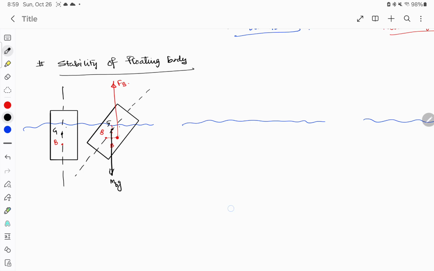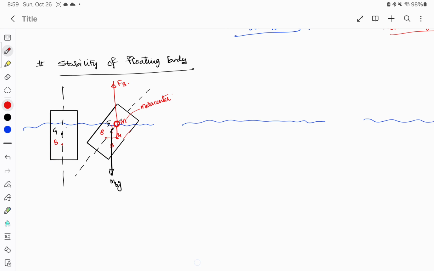So new center of buoyancy was, say, B1 here. So it is the point of intersection. So the one more point, that is M, which is the metacenter, will come here, and metacenter is there only in case of floating bodies.